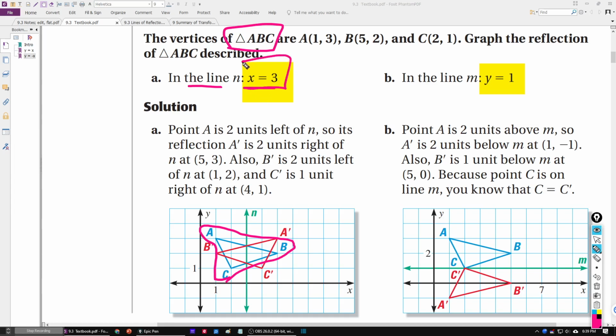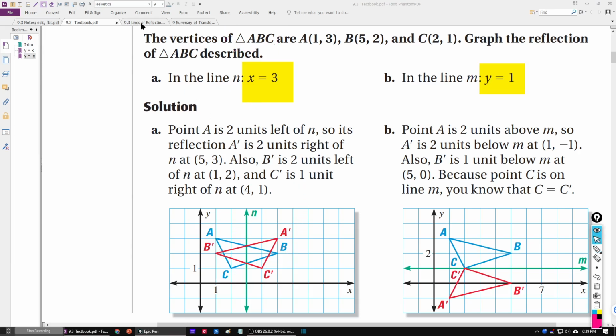In this case they showed us the line on the diagram, but we need to be able to draw and understand what that line x equals 3 looks like. Then here's another line of reflection, y equals 1. If we do not know what the line x equals 3 or y equals 1 looks like, then we don't have a clue how to reflect it.